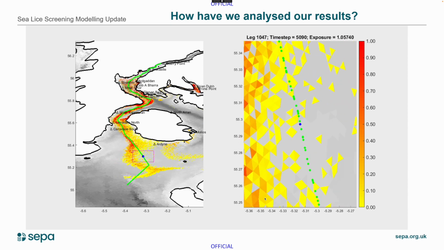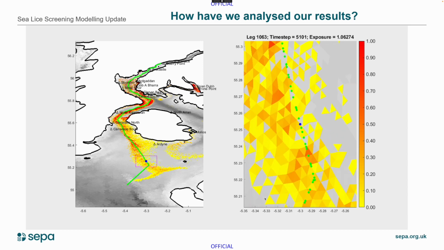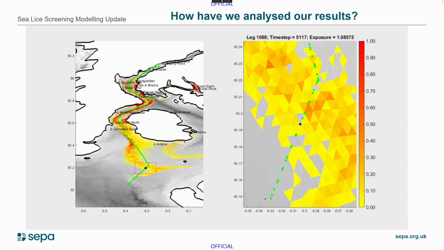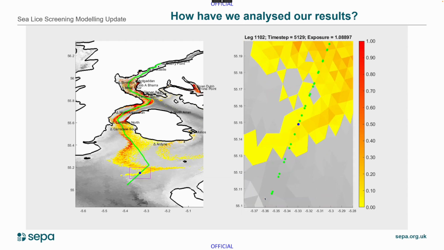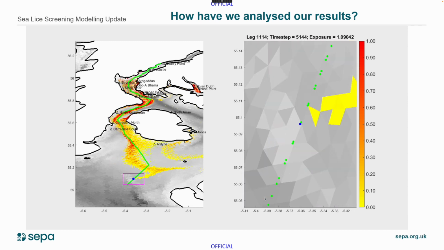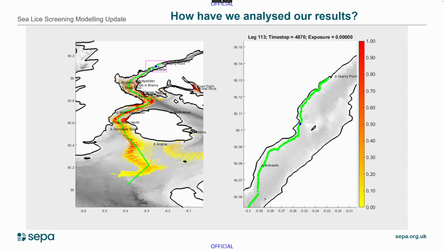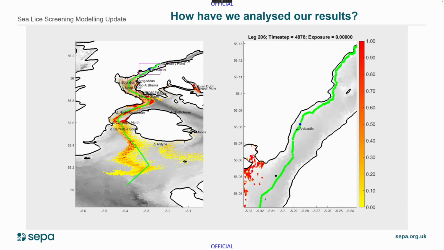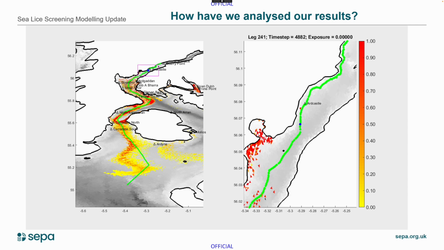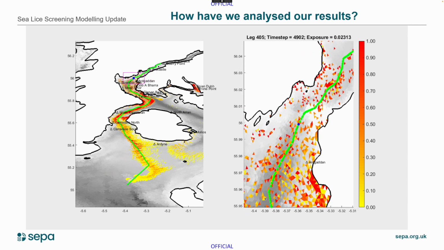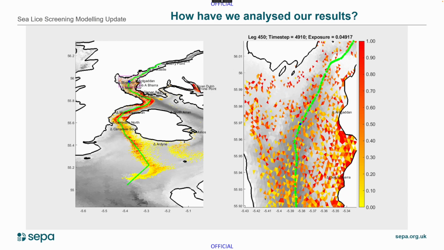What we can do is use the particle tracking output to do various analysis on what that might mean for wild fish. So one thing that we've done is we have used a virtual fish track method to try and work out what happens when a fish moves through the clouds of particles that are used to simulate the lice.